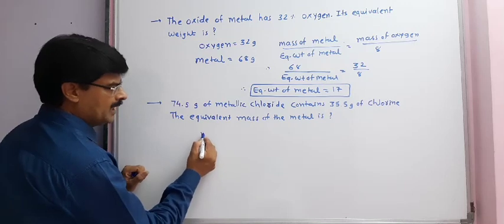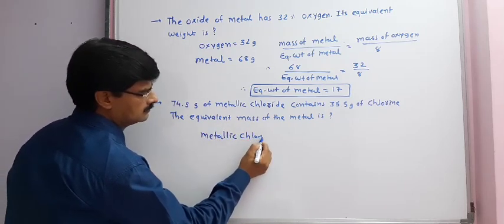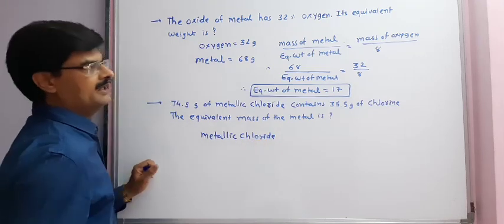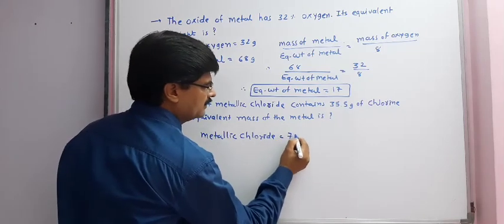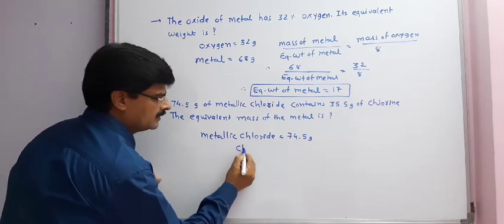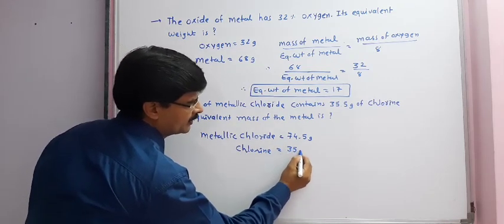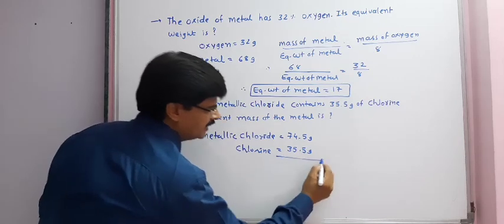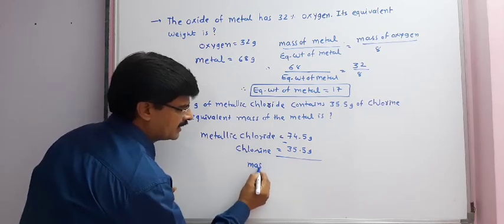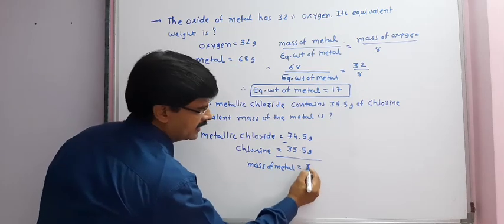So first of all, mass of metallic chloride is 74.5 gram, contains chlorine 35.5 gram. It means on subtraction we will get mass of metal 39.